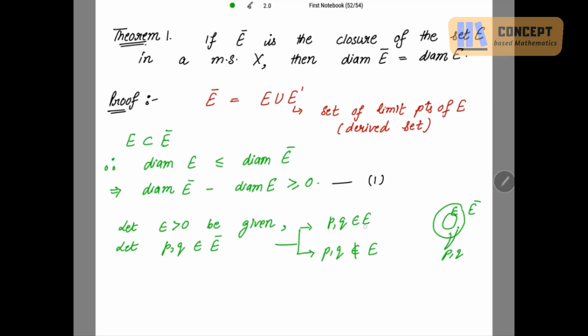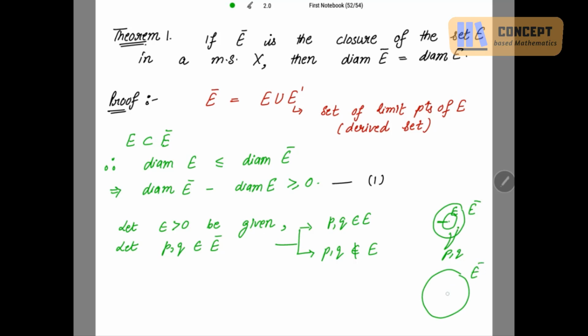So P and Q can be contained in E or cannot be contained in E. If P and Q belong to E, then we can say the distance of the points of E from E bar, we can manage to be less than any epsilon, right? But if P and Q do not belong to E, see, again I will explain.